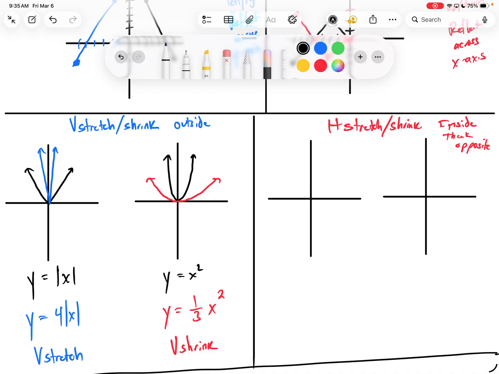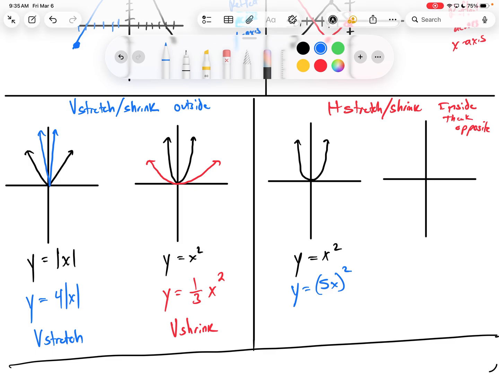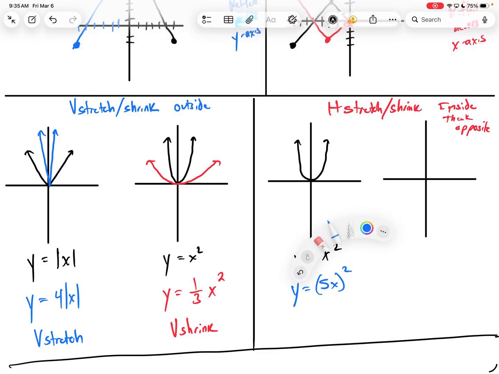So if I have y equals x squared, and I am going to do y equals 5x squared, what this one actually means is that I'm grabbing the left and the right side, and I am going to shrink it, because you always think opposite. So I'm actually going to push my hands in. So I'm going to horizontally shrink it, okay, because that's a bigger number.